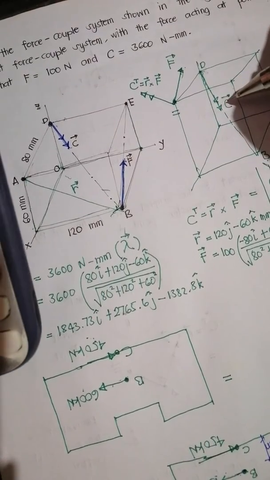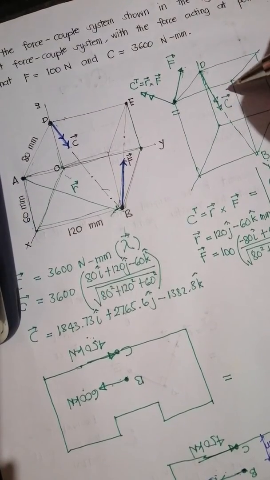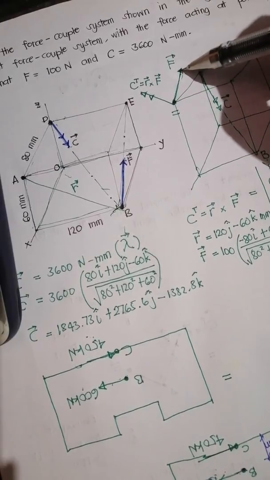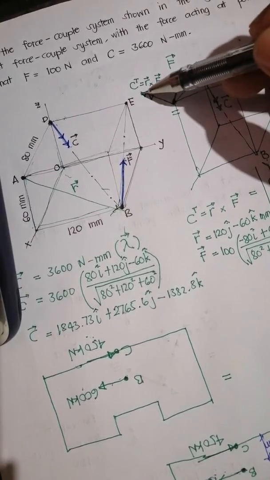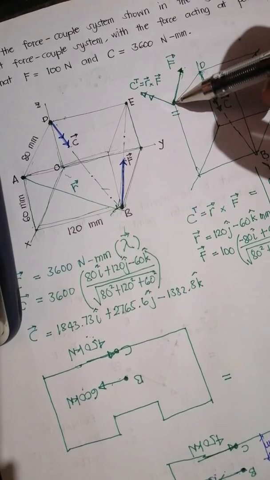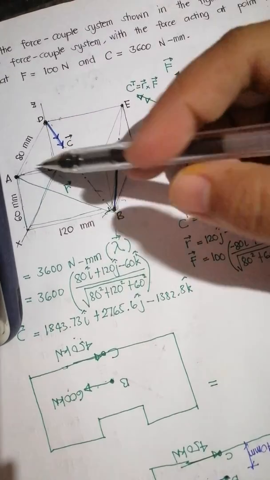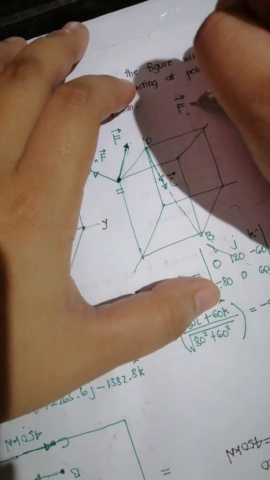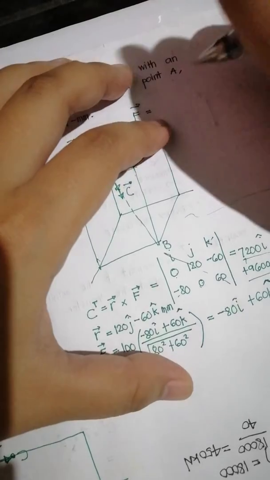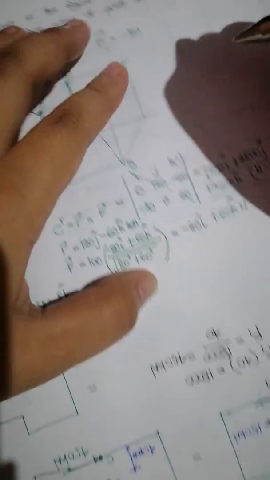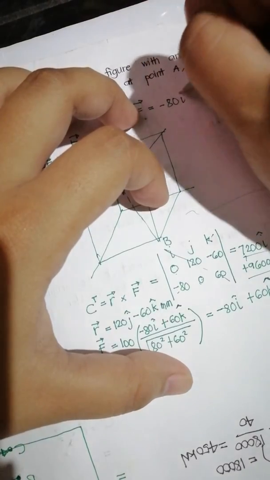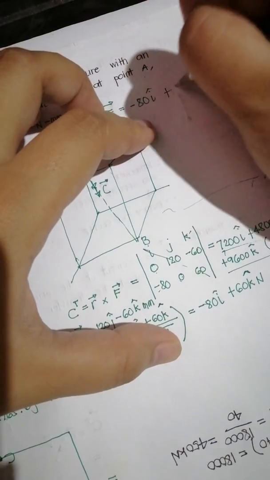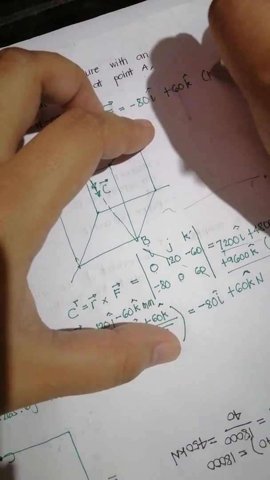We have the couple C vector, we have the F vector, and then we have the couple of transfer, C_T, because we transferred this force vector from point B to point A. So the equivalent force couple system is, of course, the force F, vector notation negative 80 i hat plus 60 k hat, in newtons.